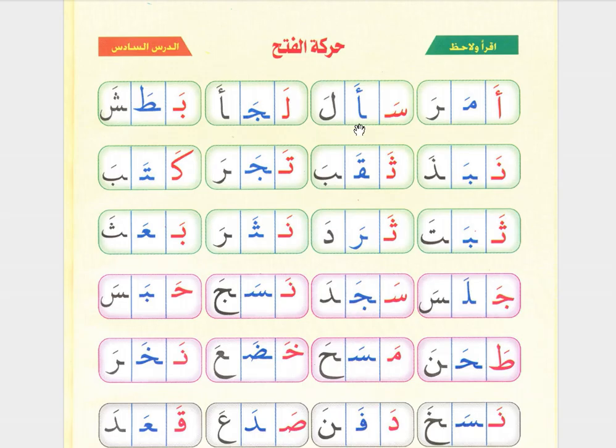One thing you should also look at, apart from just pronouncing each letter and then stringing them together as a single word, you should notice how some of these letters are being written in the middle of words. So look at this, mimun at the middle of a word. You can't join alifun with the next letter. So you have to write alifun on its own and then mimun would continue. And then look at alifun at the middle of a word. Look at jim at the middle of a word.